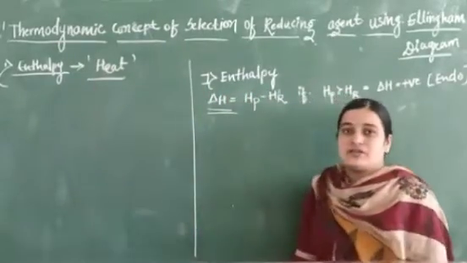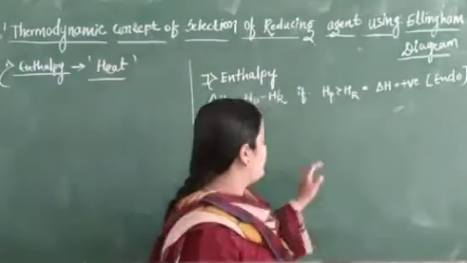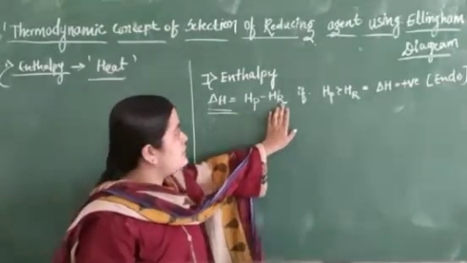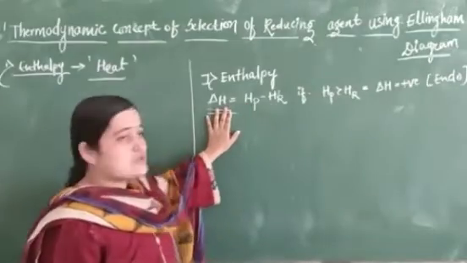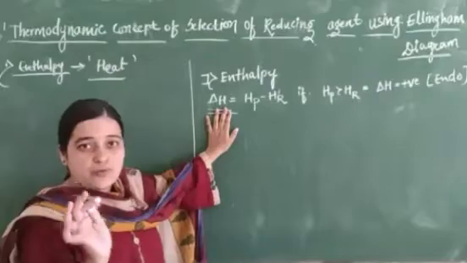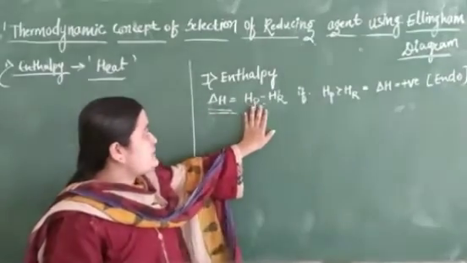As we know, if any reaction is going on, there will be formation of a product from a reactant. If we study the total enthalpy, meaning how much heat content is required for the formation of product from the reactant, it is product minus reactant.